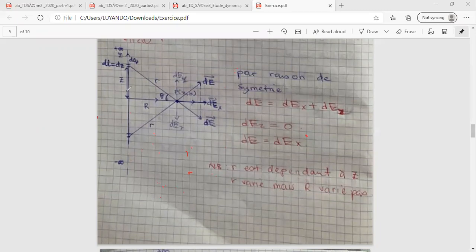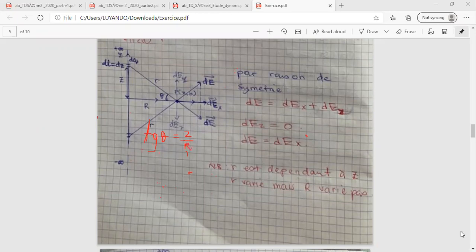So my tan theta is going to be equal to, SOHCAHTOA, opposite over adjacent. So tan theta is equal to z over r, which is what I have on that equation.